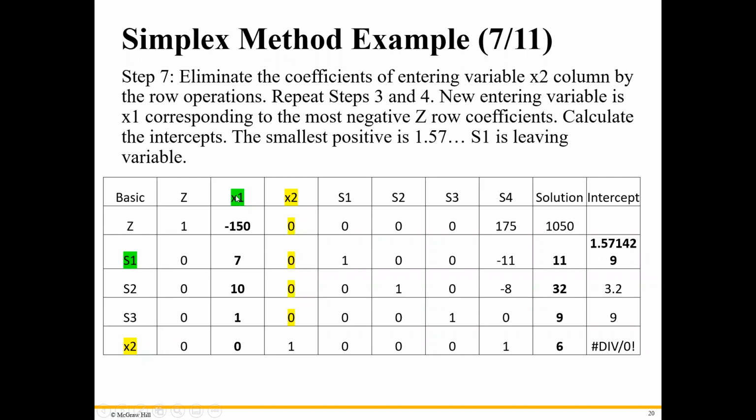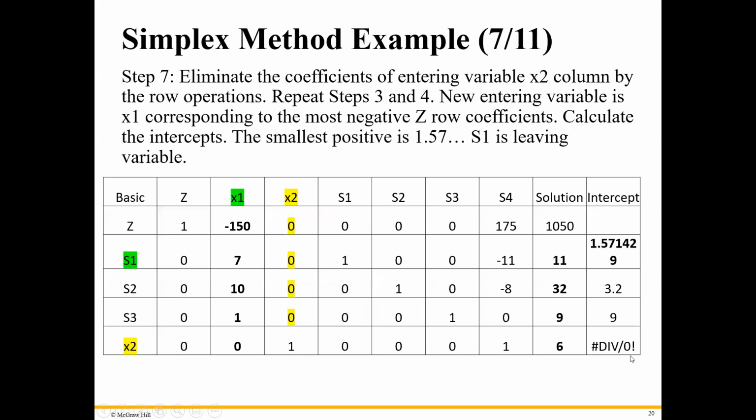Since it is the entering variable, we take these coefficients, and then we take the values in the solution, leaving out the Z row, which is not needed. We divide 11 by 7, and we get this. We divide 32 by 10, and we get this. Then we divide 9 by 1, and we get this. And 6 by 0, and we get this.